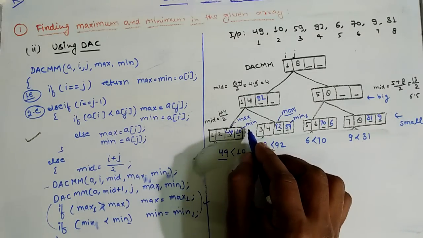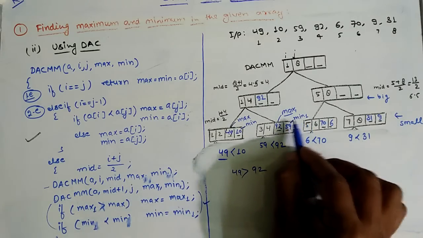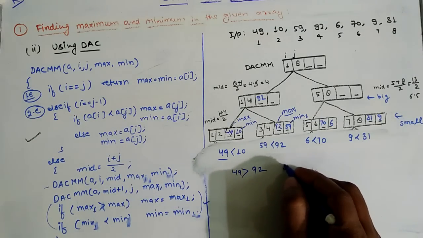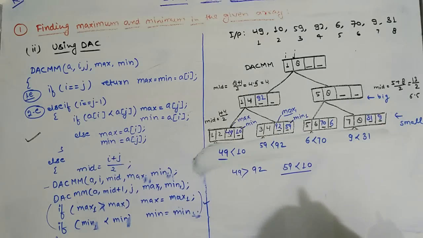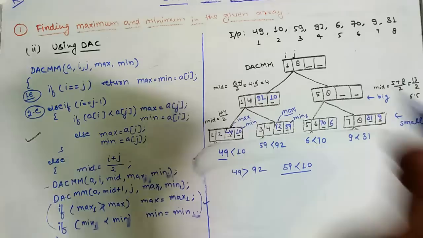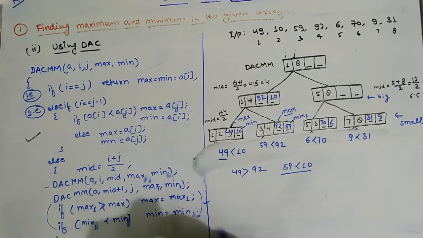So is min 1 less than min? No, min 1 is not less than min. So we can say that 59 is not less than 10. So the condition is false and min is not updated, and min remains as it is. Yes, now the algorithm is working fine. So this is the correct algorithm.